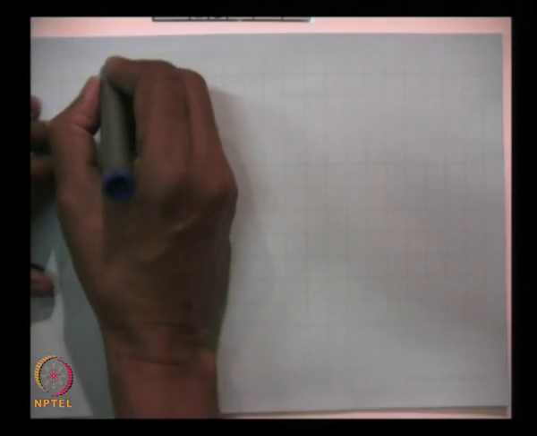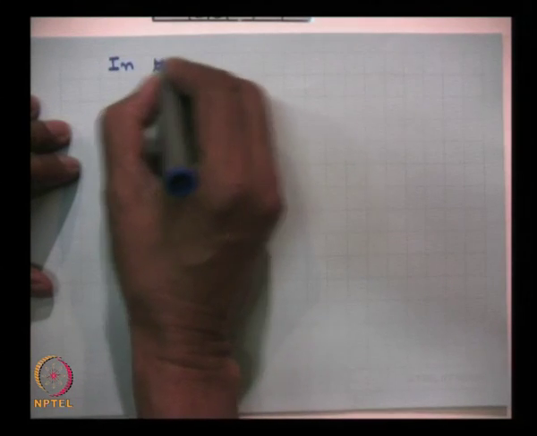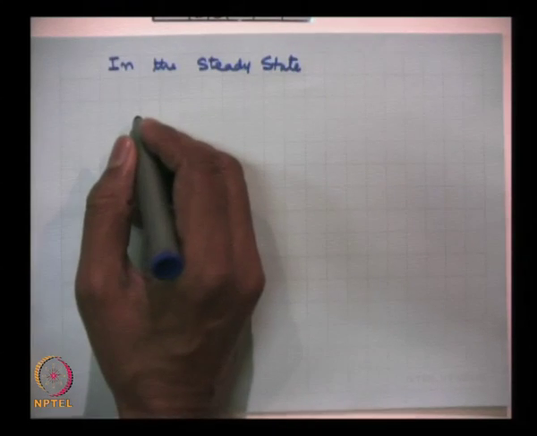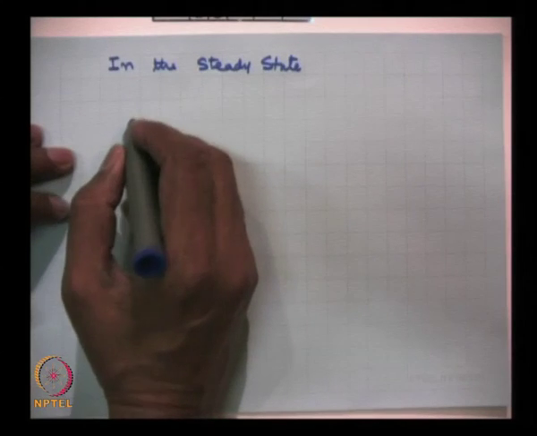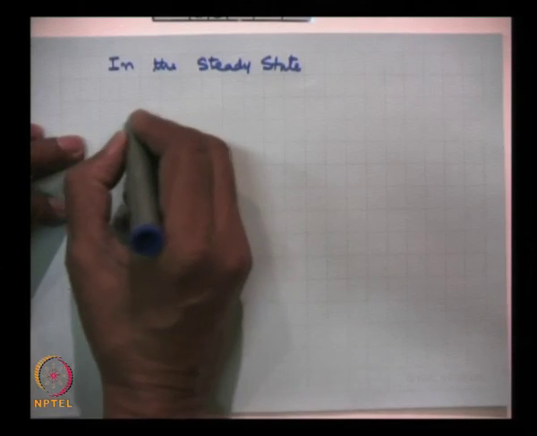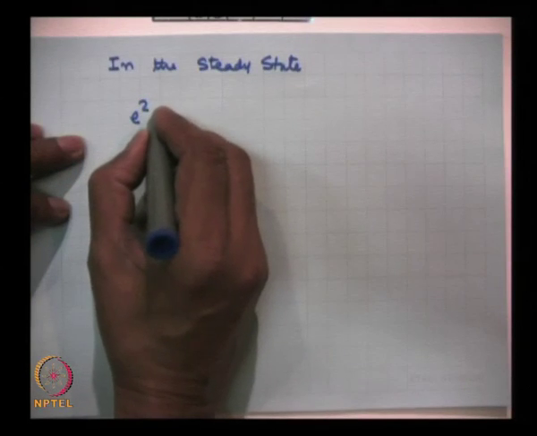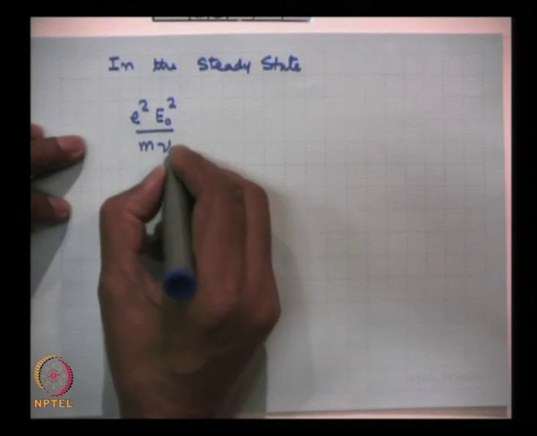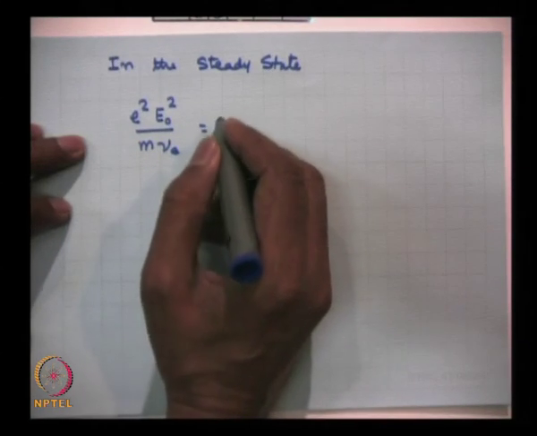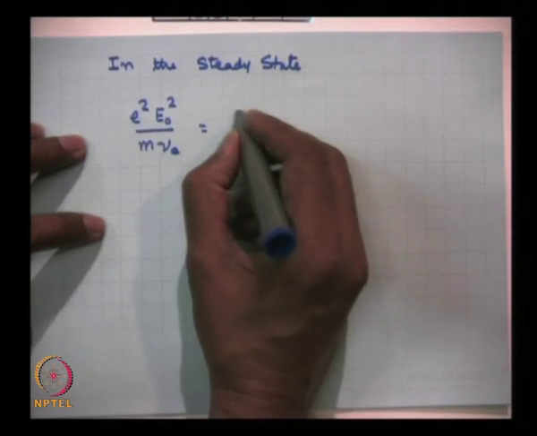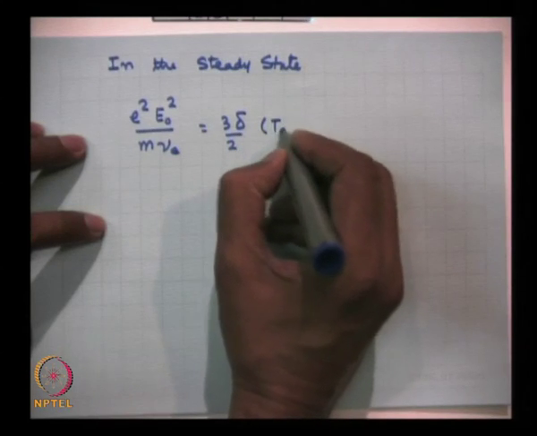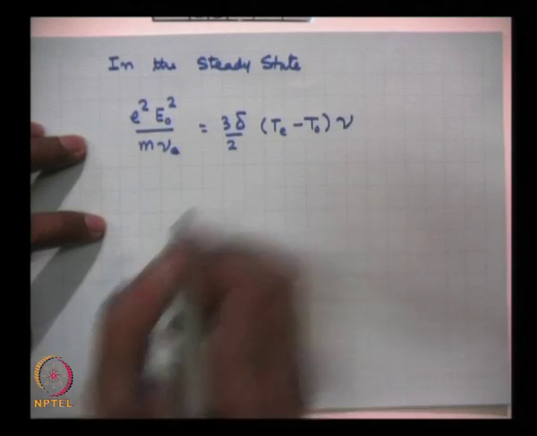So, in the steady state, when you balance the energy gain from the electric field with the energy loss, you get e squared E0 squared upon m nu is equal to delta times 3 by 2 into (Te minus T0) into nu.